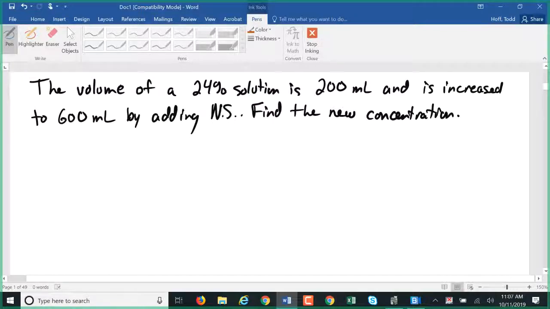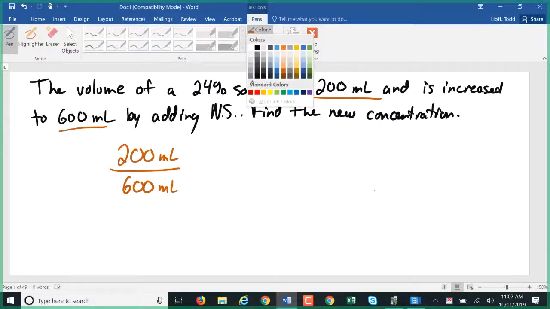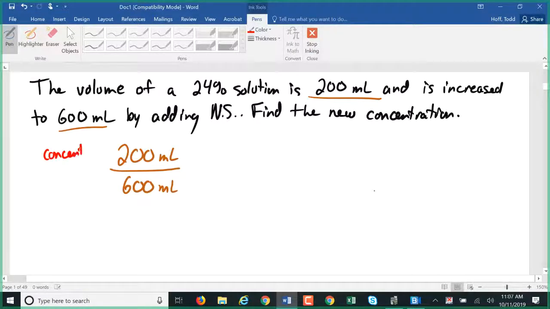So again, we have a dilution here, going from 200 milliliters to 600 milliliters. 200 milliliters was the volume of the concentrate. 600 is the total after the dilution. So that obviously reduces to a 1 in 3 dilution. 24% is the old percent. Cross multiply and divide. Get percent.